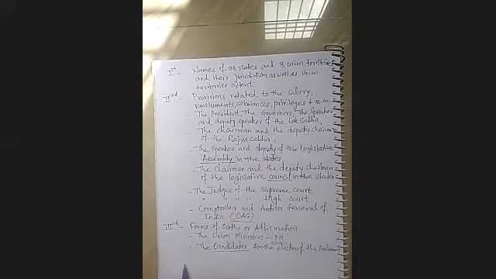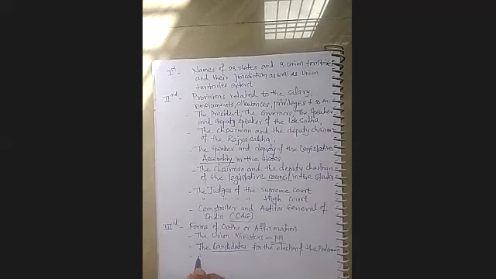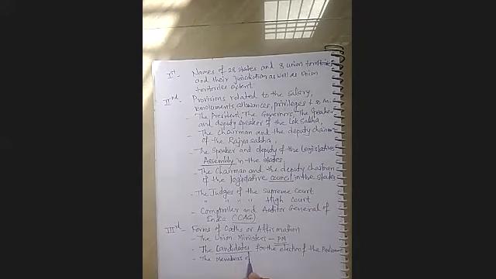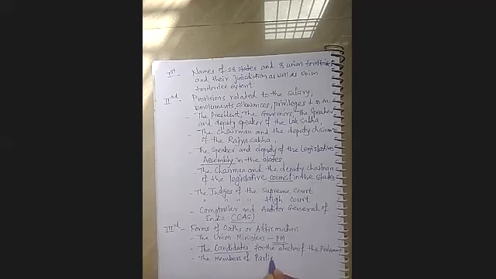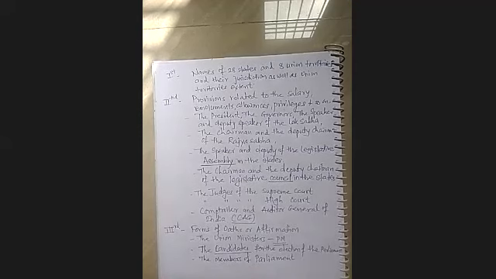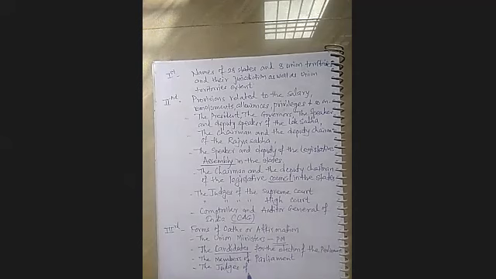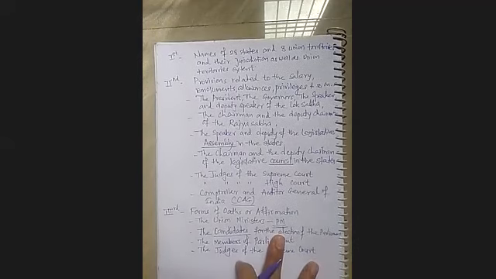Then after being elected, now they will be called members. So the members of Parliament. Then the next one in this row, the judges of the Supreme Court.